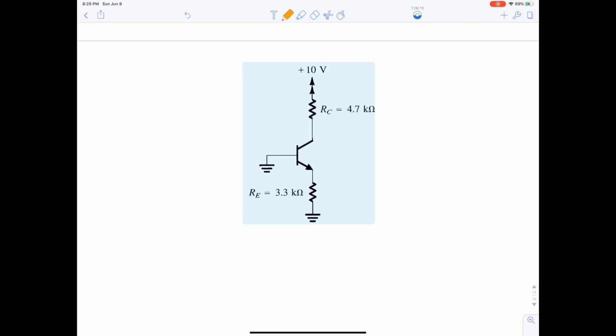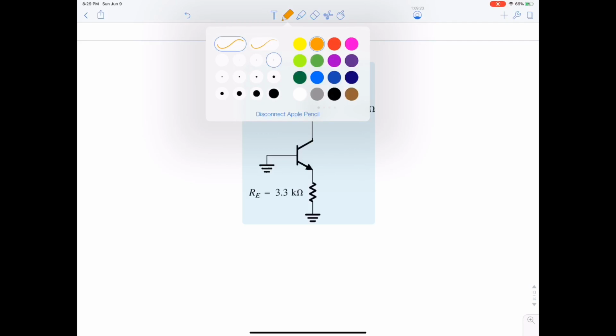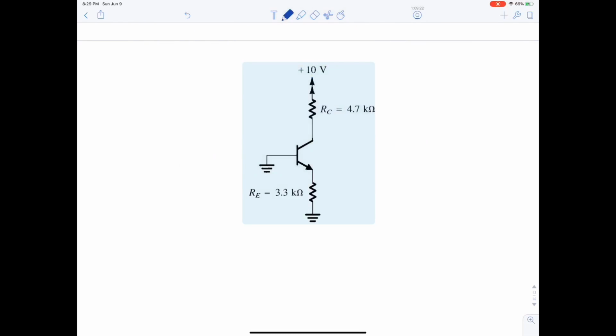For this question, we haven't been given anything. So let's start by saying that this is NPN, then labeling IB, then we will write the list.